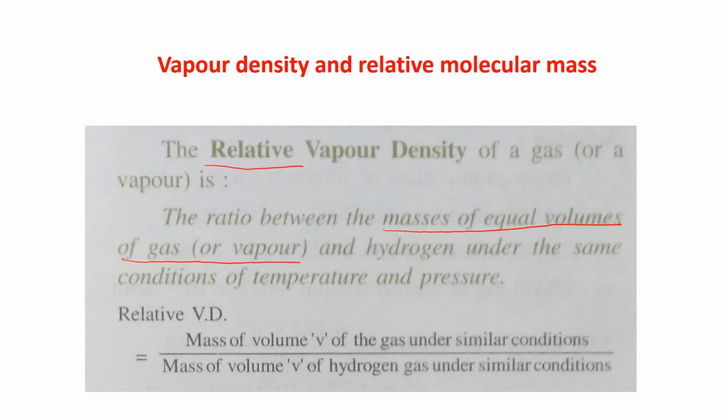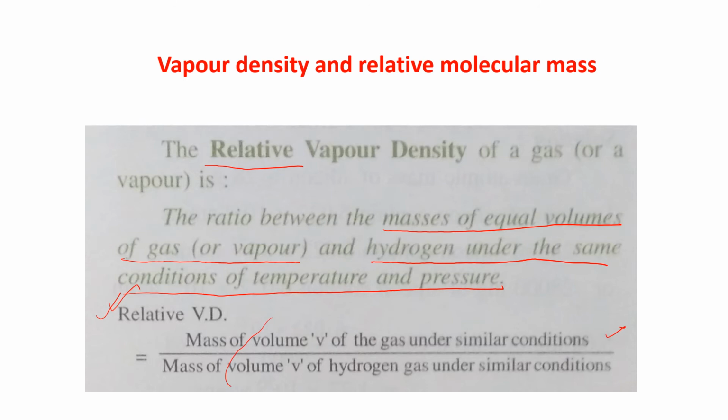So, the ratio between the masses of equal volume of gas or vapor and hydrogen under the same condition of temperature and pressure. That means now they are comparing the vapor density of a particular gas with hydrogen, where the volume of both the gases are same. That is hydrogen and the gas whose vapor density we want to calculate. So relative vapor density is equal to mass of volume V of the gas under similar condition divided by mass of volume V of hydrogen.